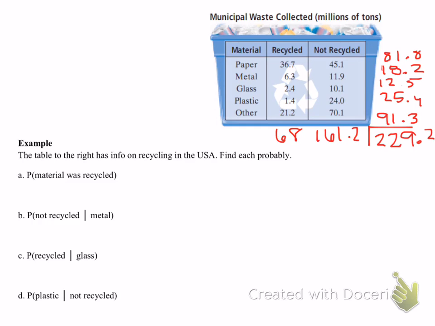Notice I have no conditional probability here, so I'm using the full total, and that total is 229.2. And of this total, the amount that was recycled total was 68.